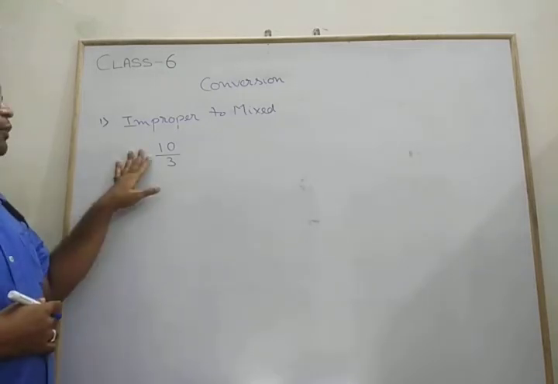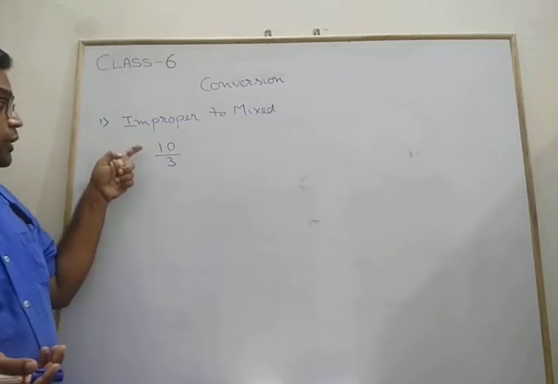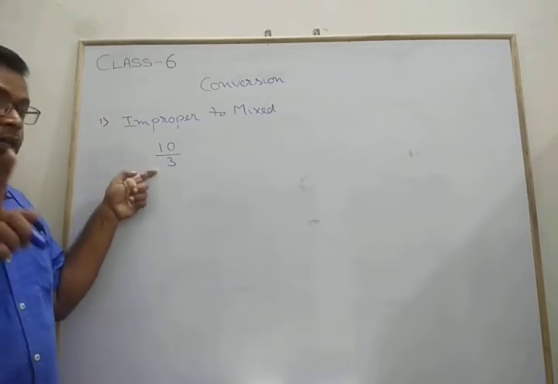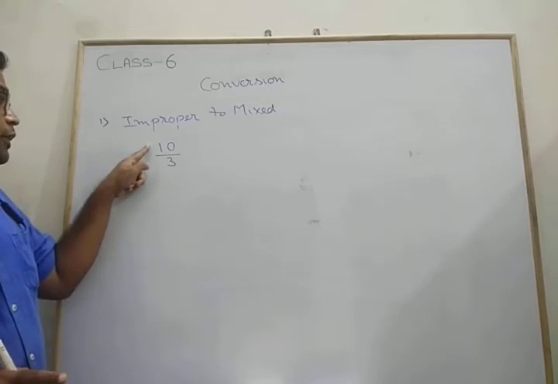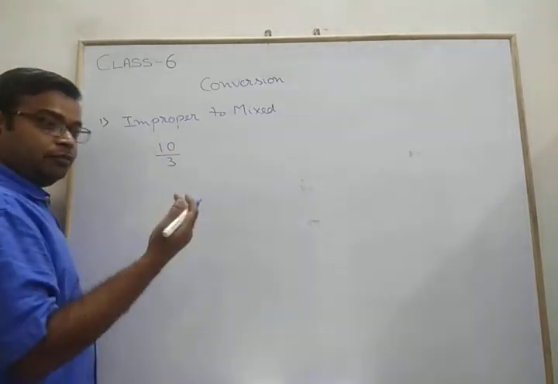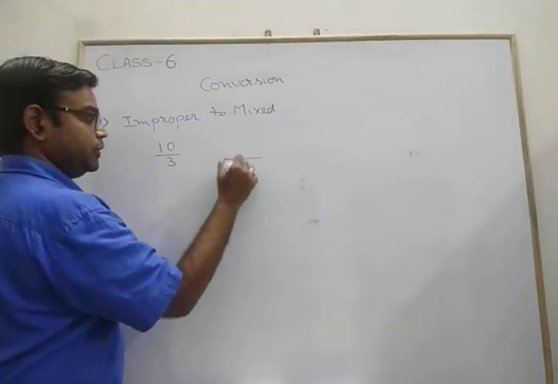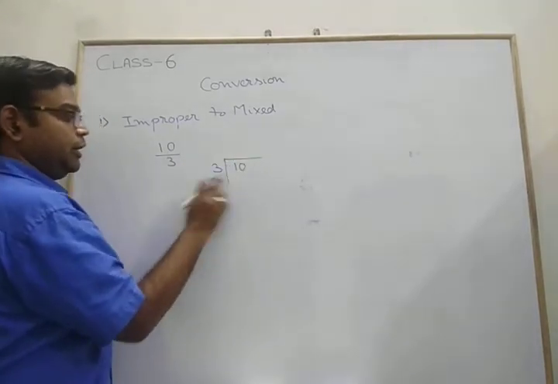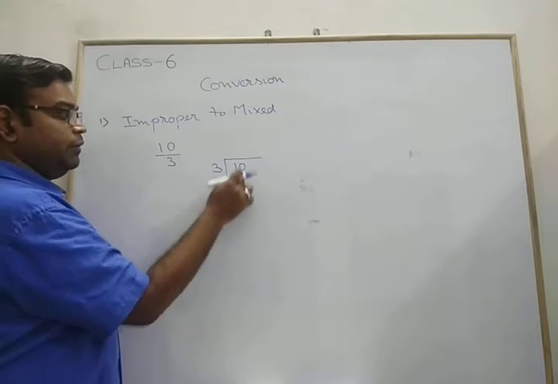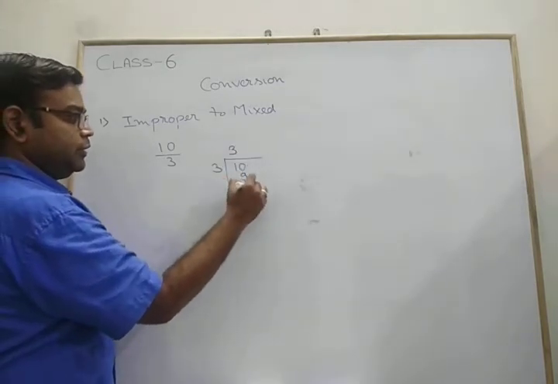Now how do we convert this one? As we discussed, this is the numerator, this is 3. If we convert into division format, what do we have? We have 3 into 10, and when we divide, 3 3s are 9, 1 is the remainder.